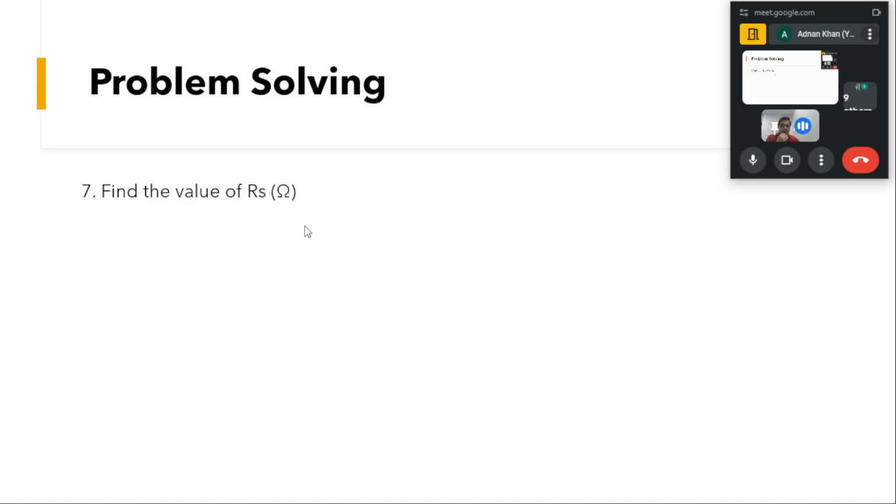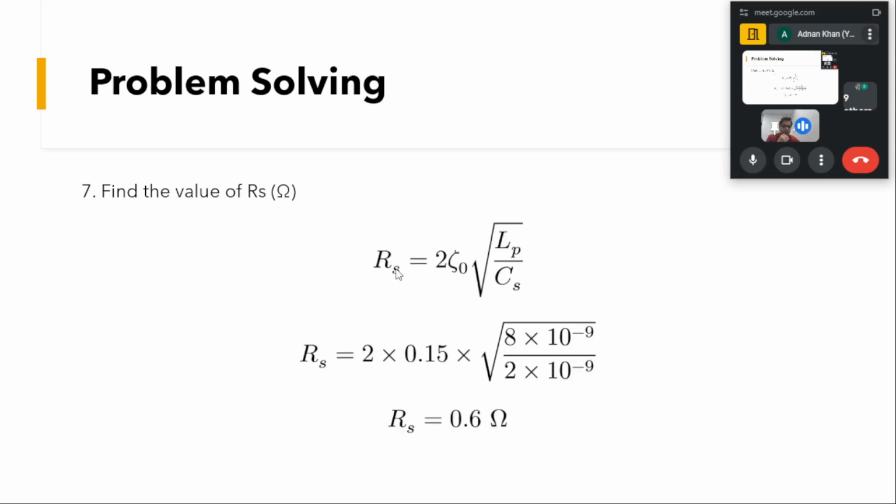We have to find the value of R. We know that R will be equal to RS into twice xi naught into root of LP by CS. We have twice xi naught given as 0.15. For this design, limiting the dV by dt, LP is given in the question itself, CS was given as 2 nanofarad. So R came out to be equal to 0.6 ohm.